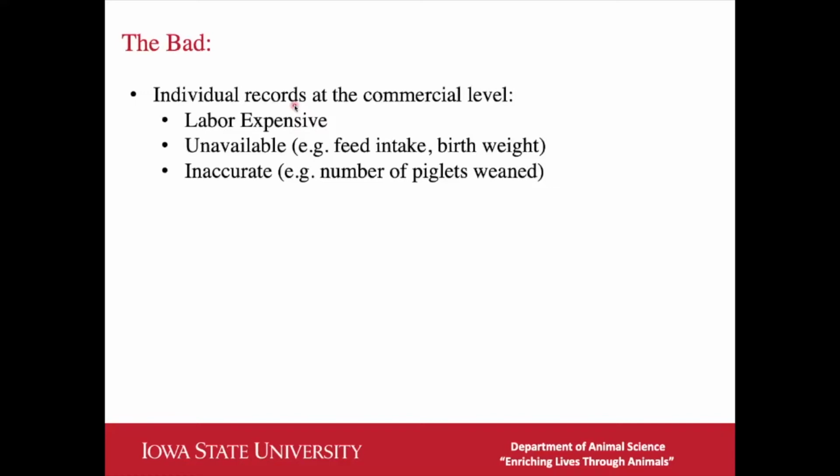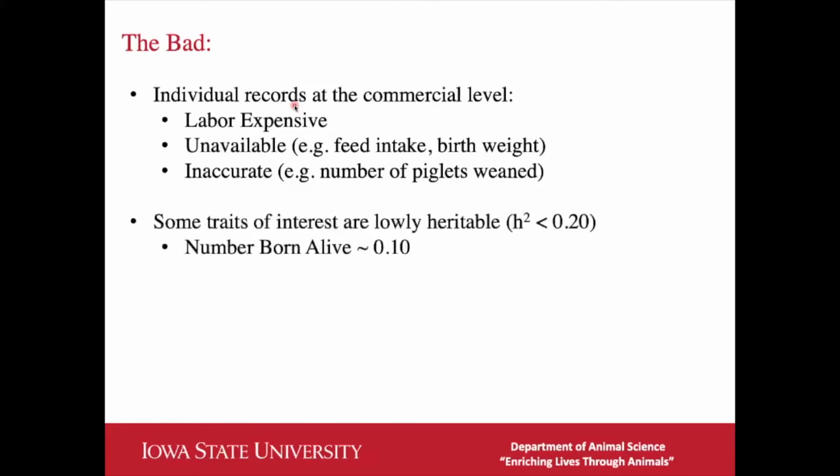Okay? Birth weight or other information can be very inaccurate, like the number of piglets weaned. Right? There is a lot of cross fostering, and a foster mother that is able to wean 10 piglets, maybe only one of those was actually born from her. So we need to keep track of this genetic information if we want to perform genetic selection based on that data.